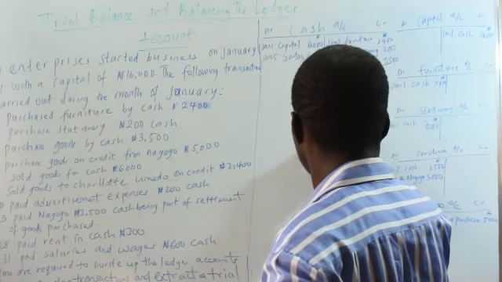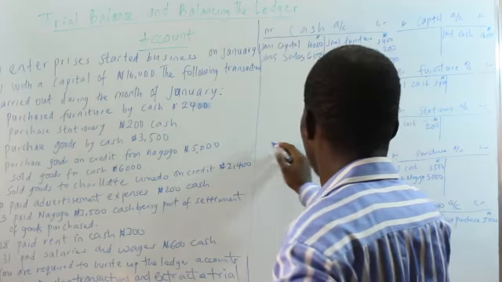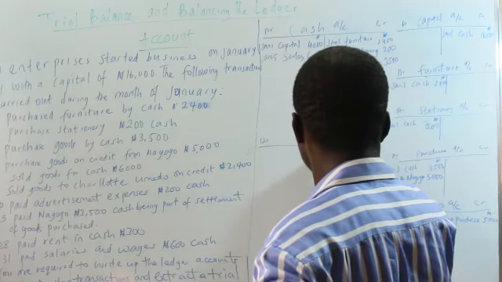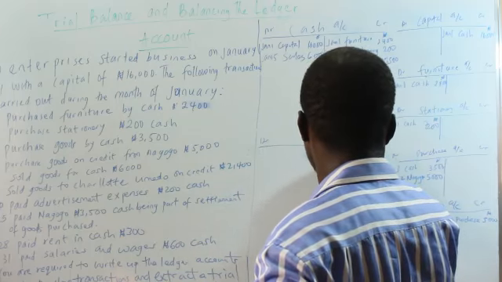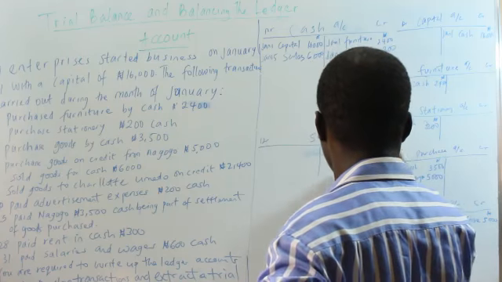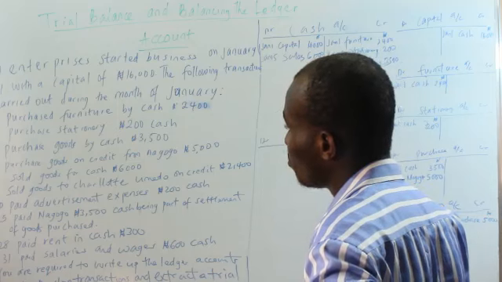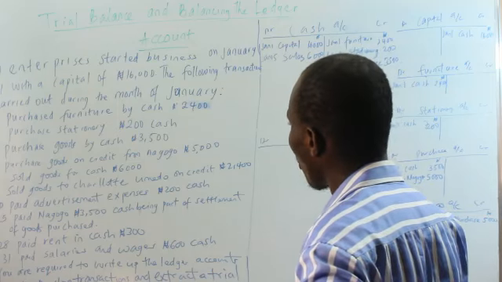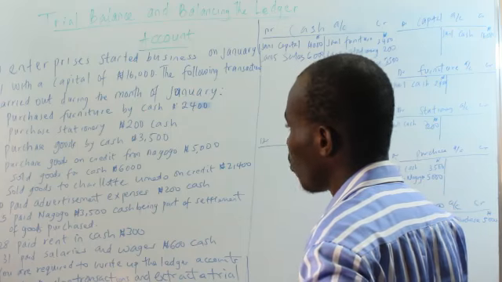Sales, January 15, that is cash, 6,000 naira.